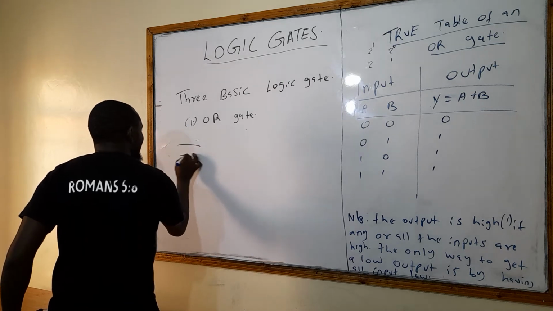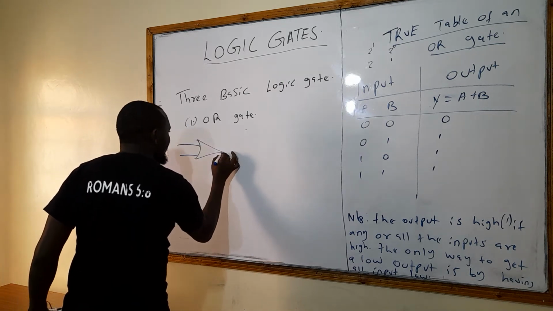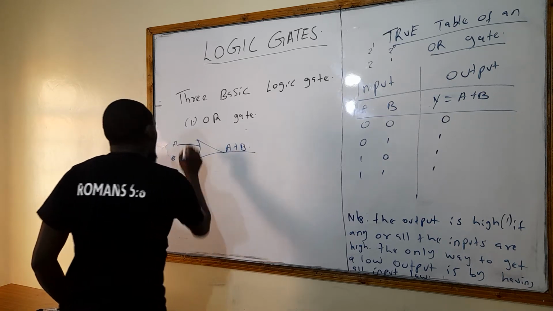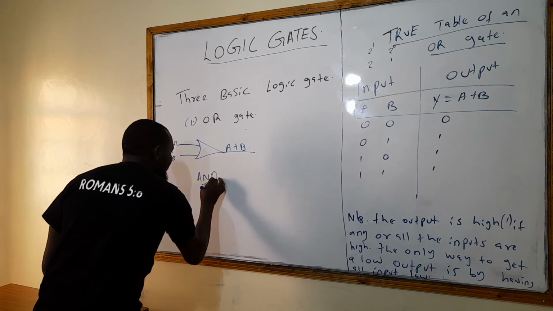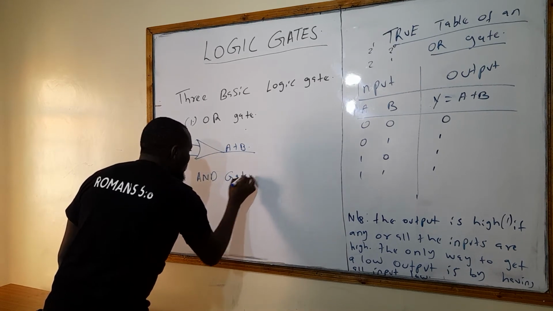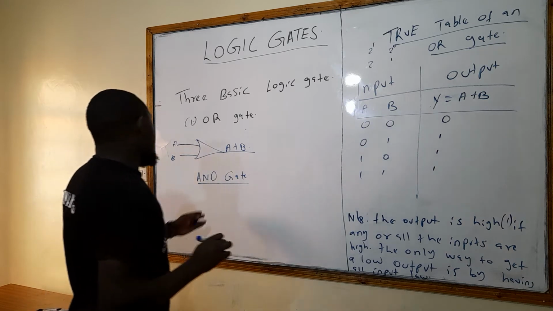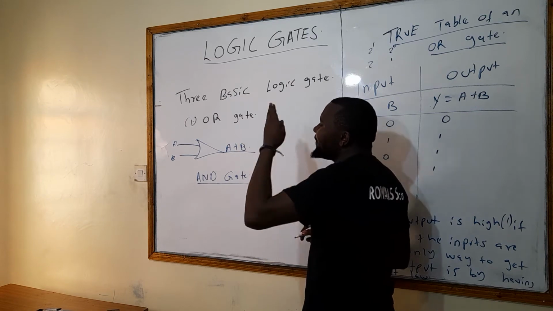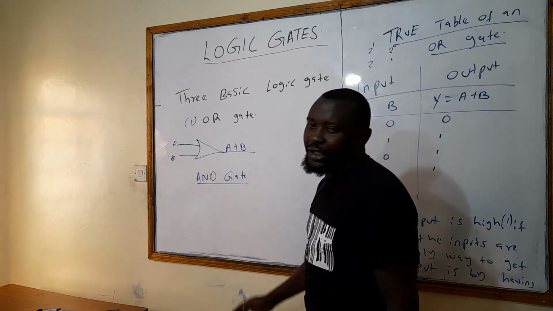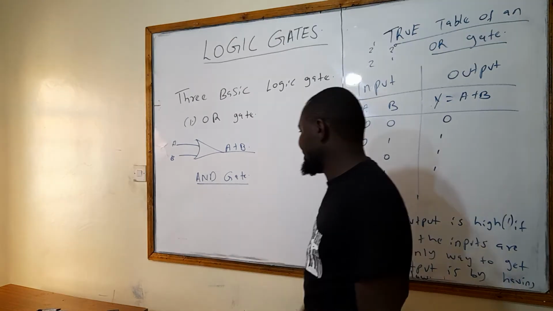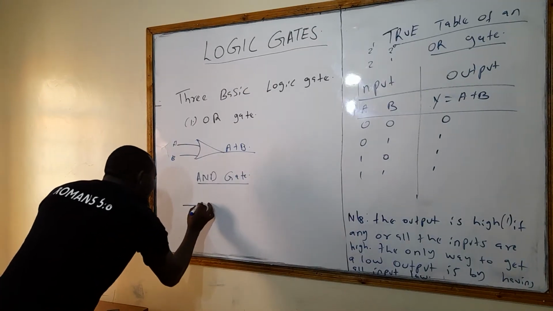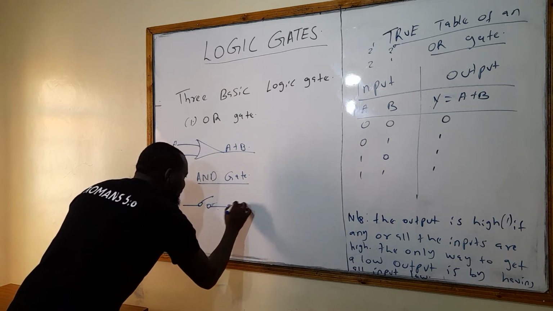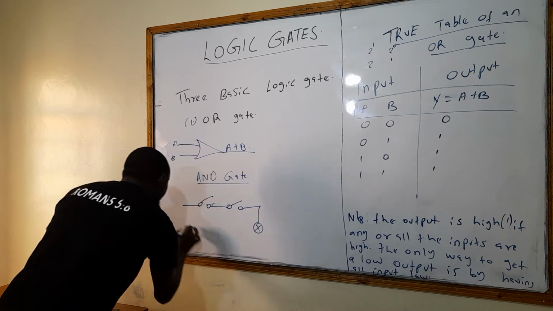Sorry, let's just do this one for the sake of our viewers. Let's discuss an AND gate. What we can add is that an OR gate is connected in parallel, whereas an AND gate is connected in series. For example, this is a switch, this is another switch, and this is a bulb.